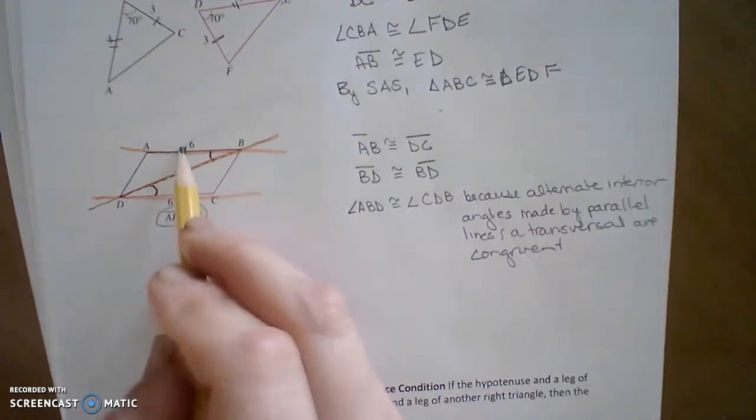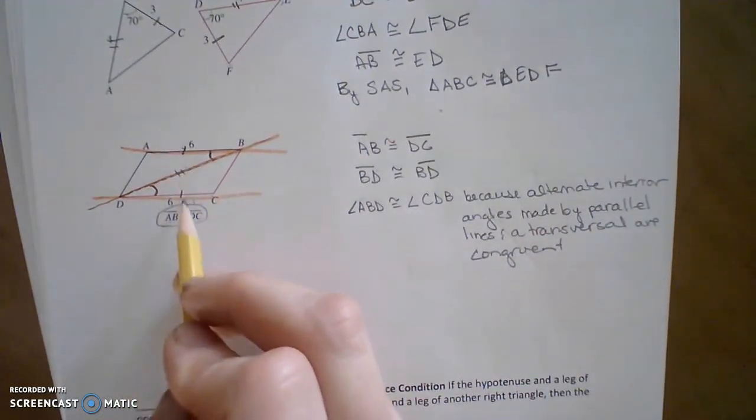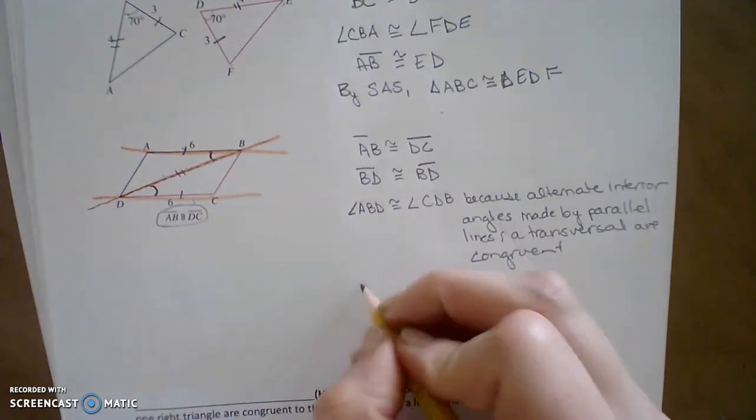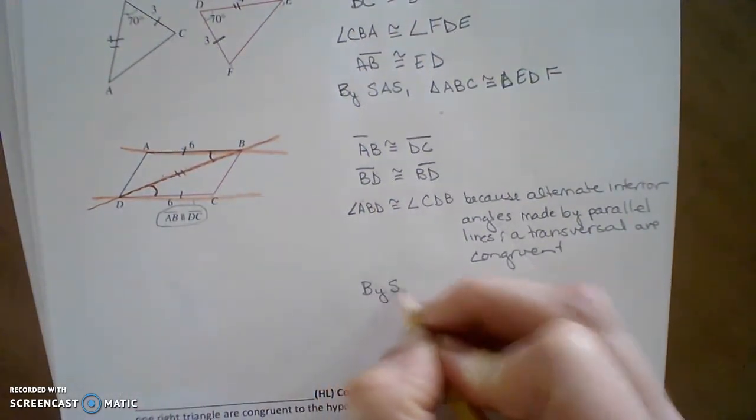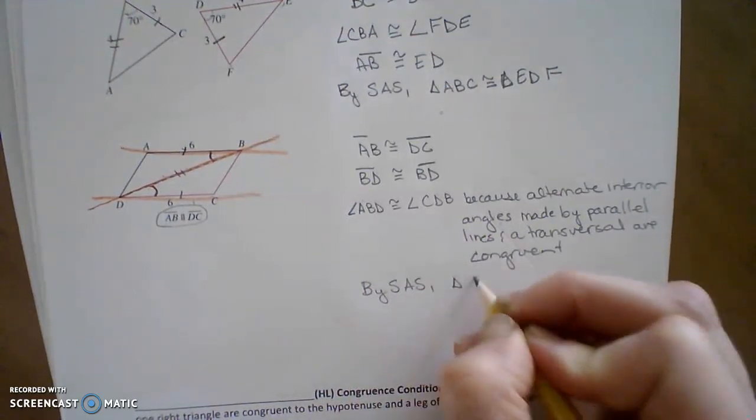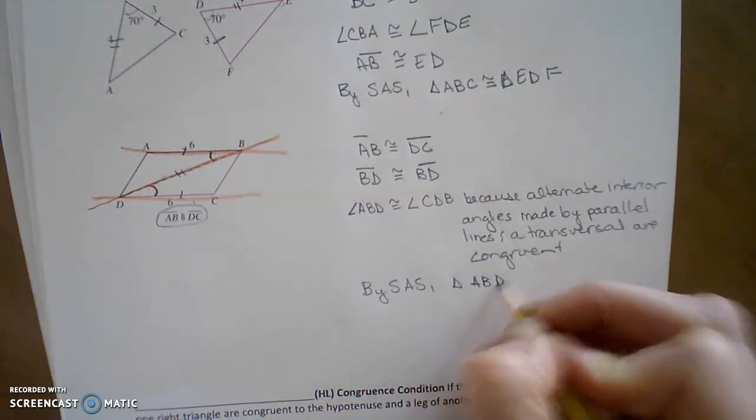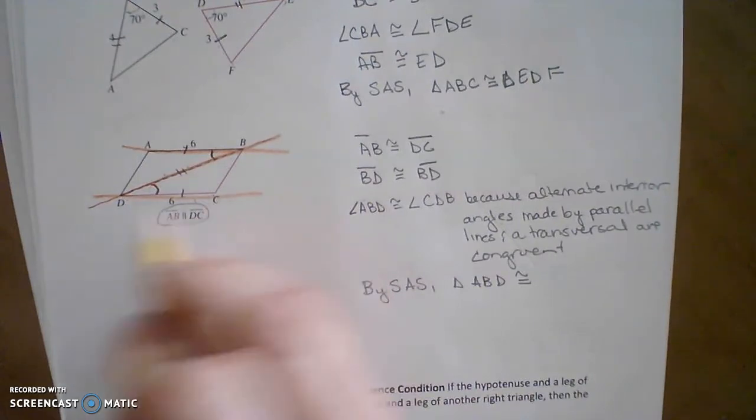So now I have side angle side congruent to side angle side. So by side angle side, triangle ABD is congruent to triangle CDB.